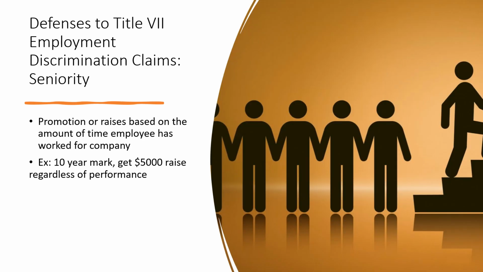Another defense is the seniority system. The company would argue that promotions or raises are based on the amount of time an employee has worked for the company. So for example, at the 10-year mark, every employee gets a $5,000 raise regardless of performance, and it's not discriminatory because they've just worked at the company longer than another person has.